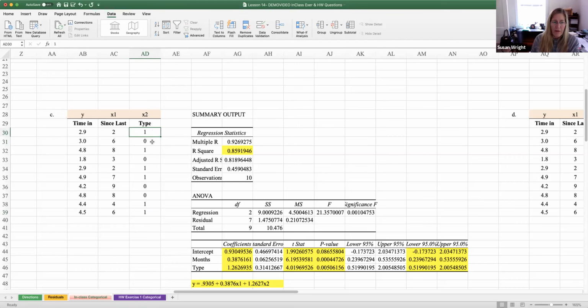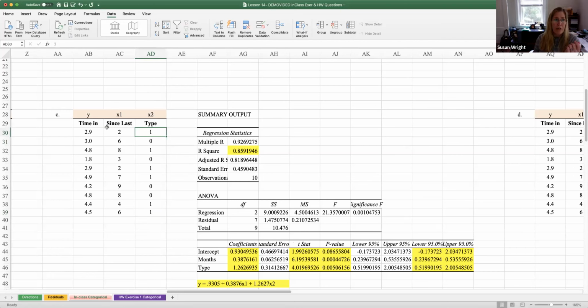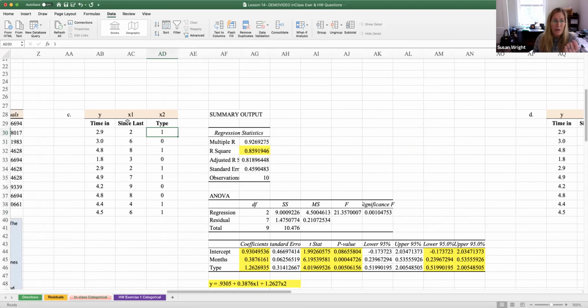And like I said, if you only have two options, that's easy. One gets a 1 and the other one gets a 0. And it doesn't matter which one you give a 1 and which one you give a 0. That just influences the way you interpret the coefficient once you get it. All right, so I did the same thing here. I did a multiple regression this time. So when you go to your regression and you want to do the x variable, make sure you highlight all of that.